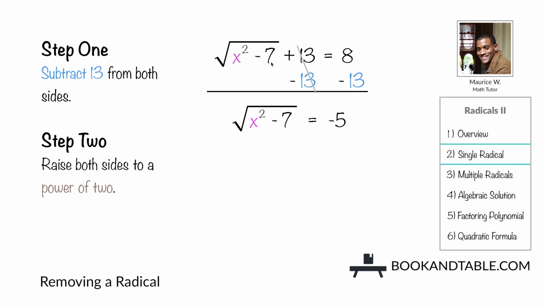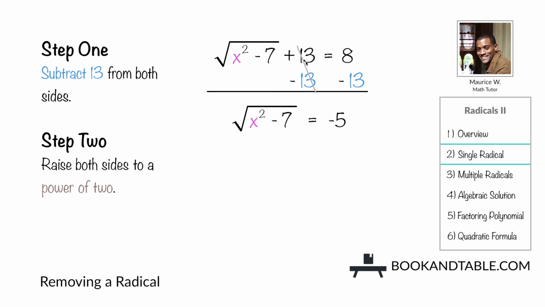So let's say you were given this radical equation, the square root of x squared minus 7 plus 13 is equal to 8. The first thing you want to do is isolate the first radical term. So you want to take all the other terms on the same side of the equation as the first radical term and move them to the other side.